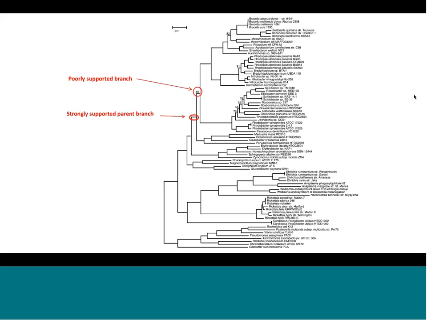When you don't see a number in any of the PATRIC trees at a branching point, that means it has 100% value. So what Pepper will do is take all of the genomes within those two branches, the poorly supported and the strongly supported branch, and build the tree with those genomes using the next branch down as the outgroup pool.